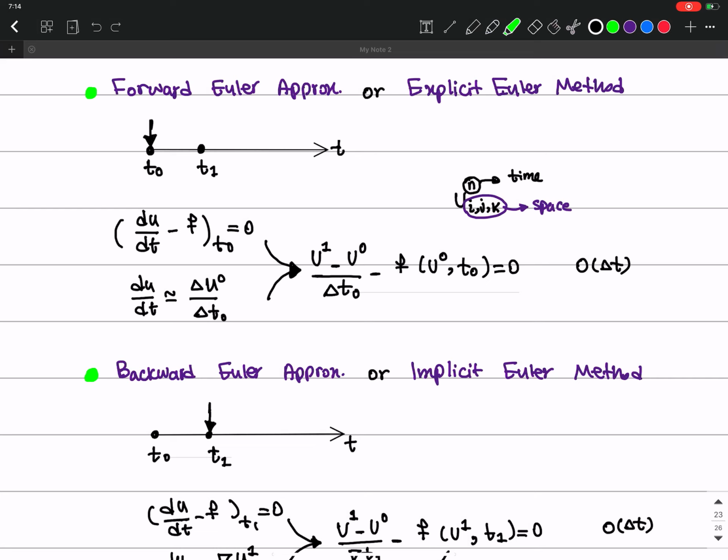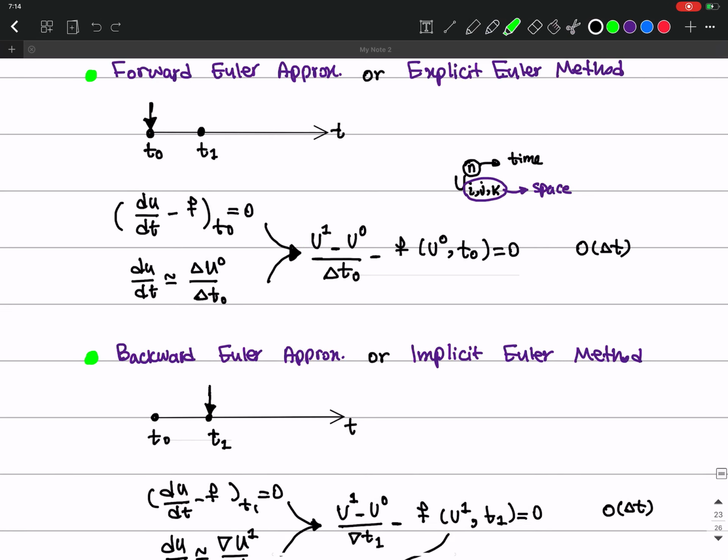So this is explicit, meaning that you can explicitly solve and update u1 at each time step, okay? This is order delta t. The advantage of this is it is very simple to implement with codes, but the disadvantage is that it might be unstable.